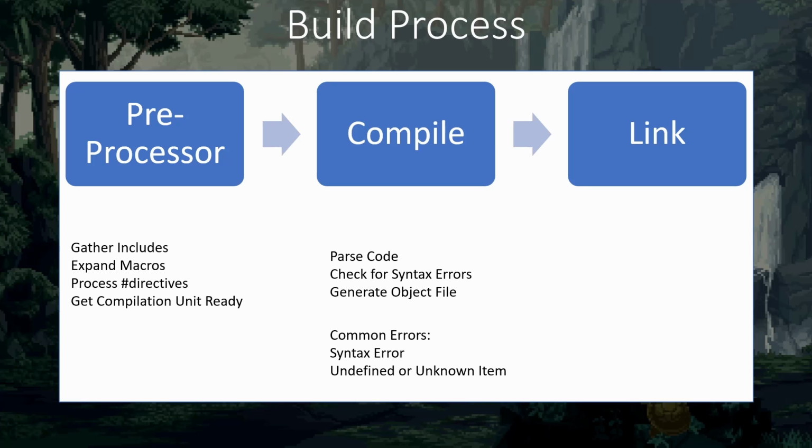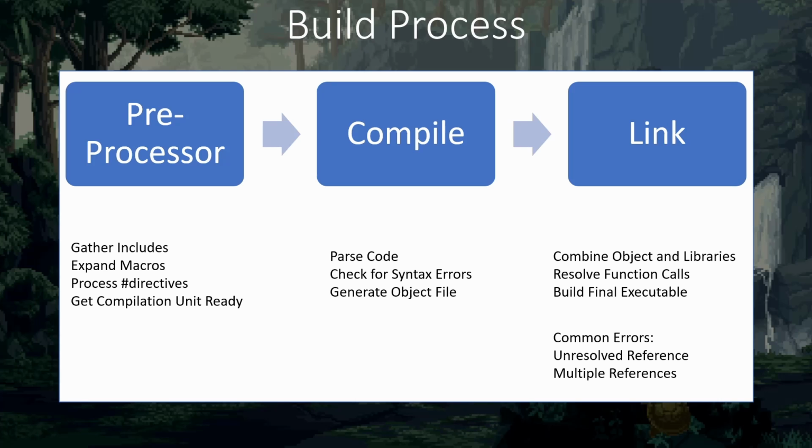The result of the compilation step is an object file that contains all the code for a specific source file and a list of external functions that need to be called. The compiler still doesn't know what the external functions do, but it does know that they need to be called and how they are called.